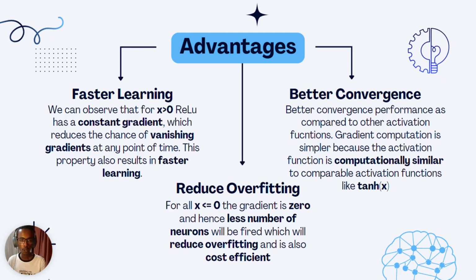And the second advantage of the ReLU activation function is that it reduces overfitting. And overfitting is a case in deep neural network literature where a network learns the task that it's intended for very well, and it does not generalize to any other task.